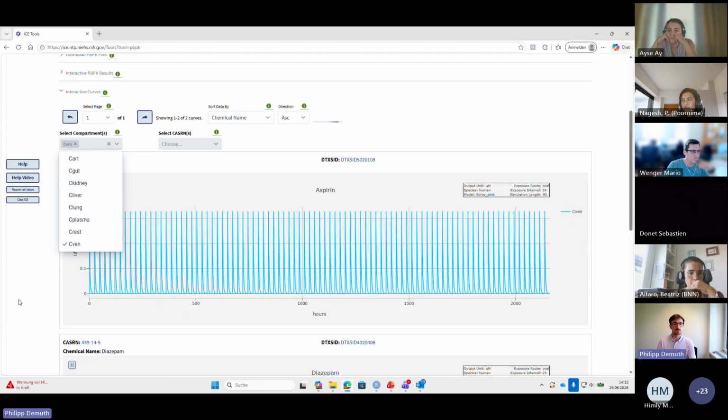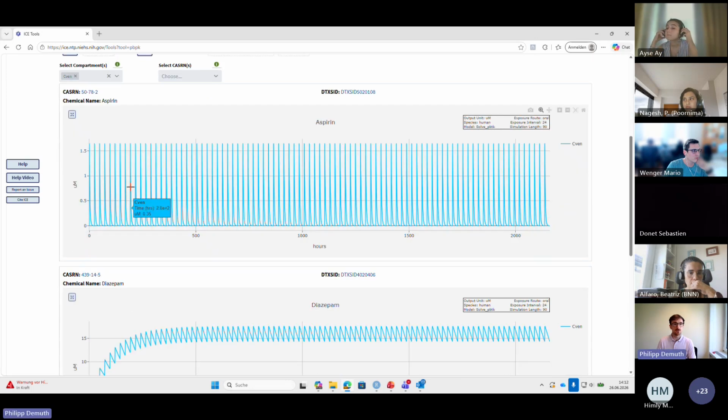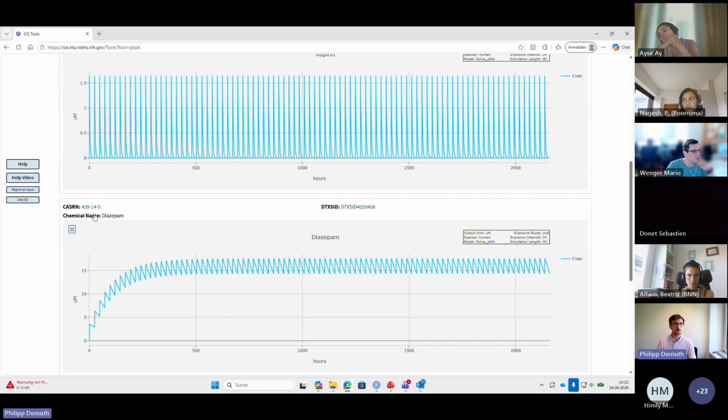And what we see is that for aspirin, we have nearly no change in the concentration after 1 milligram per kilogram body weight, even if we are exposed chronically, while for diazepam, we have a 15 or 10-fold higher internal dose due to the accumulation of the compound. So this gives us a nice insight into how toxicokinetics affect how the external exposure relates to an internal exposure.